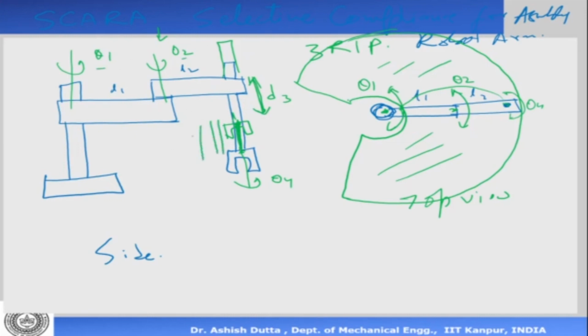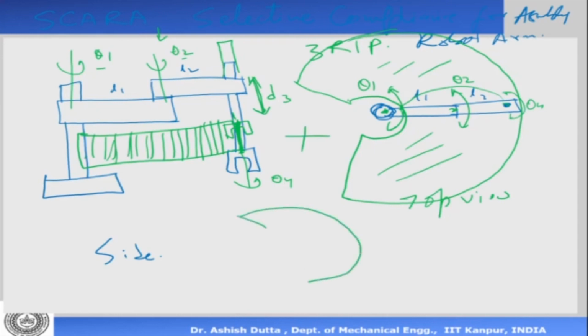What you get in area is a rectangle, because when you move theta 1 and theta 2, this straight line can go to different positions like this. Now if I combine this plus that, what will we get? We'll again get a cylindrical kind of shape, a hollow cylinder.